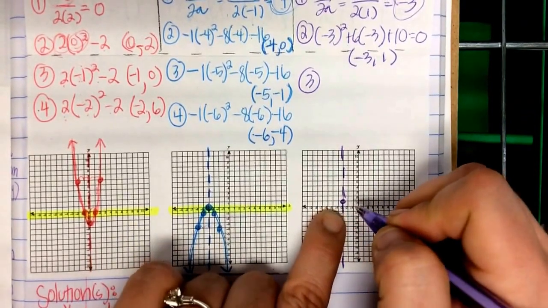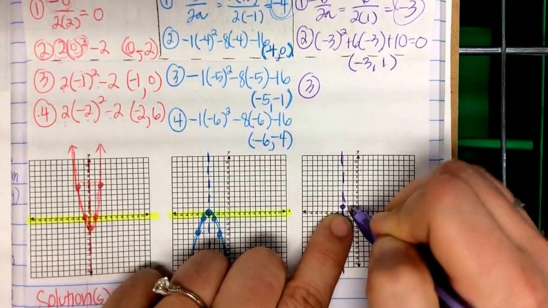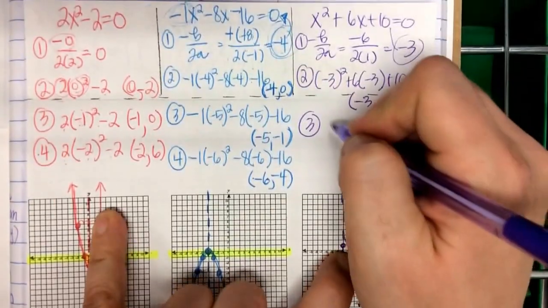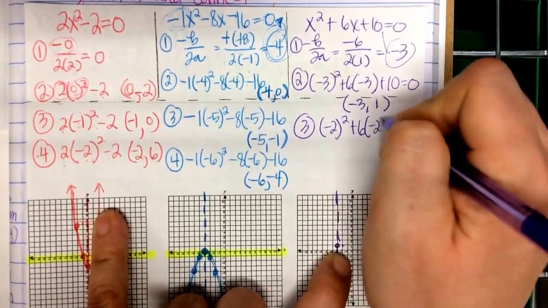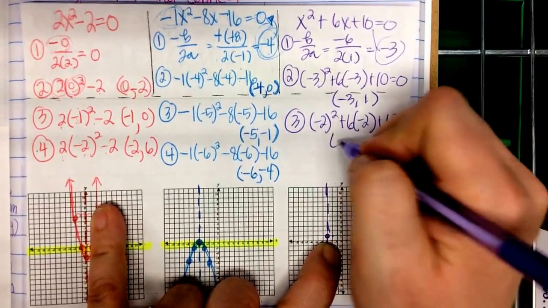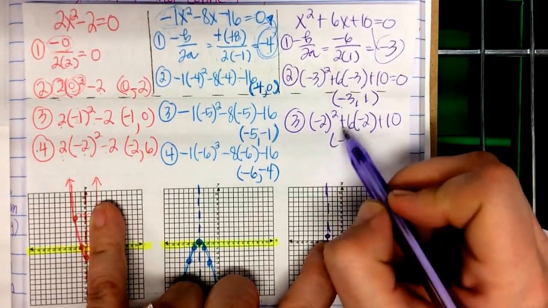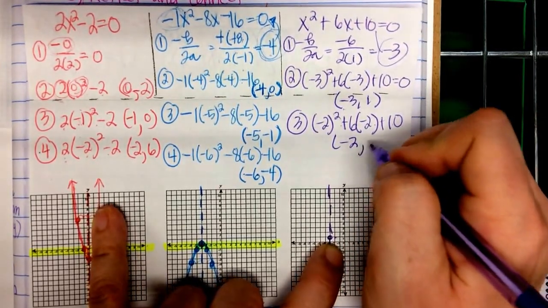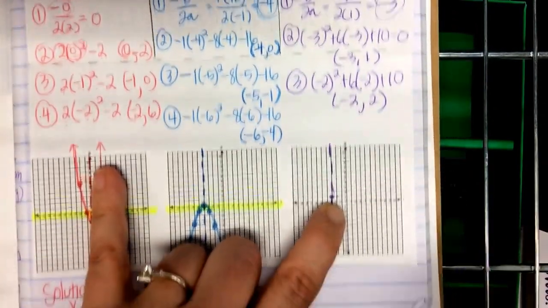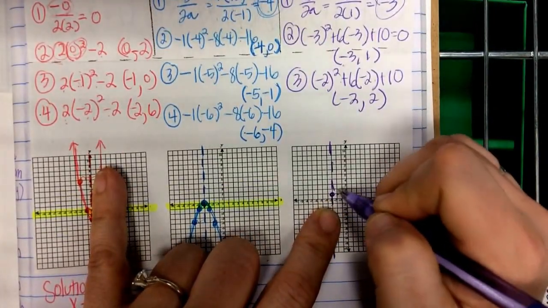Then I pick 2 values. I'm going to pick negative 2 as my first one. Could you have picked negative 4? You bet. So negative 2, 4 minus 12 plus 10, positive 2. Negative 2, positive 2.